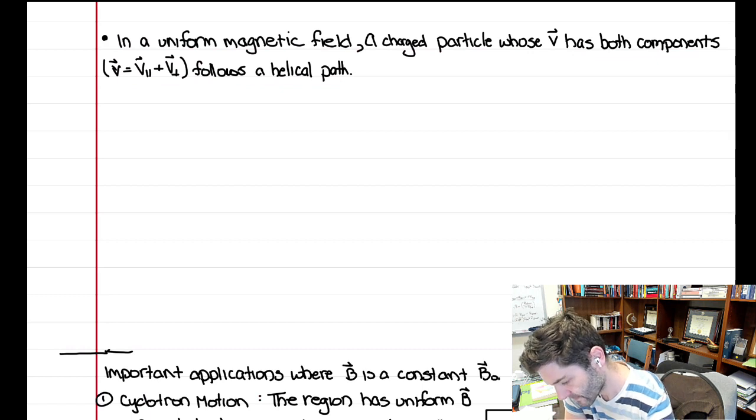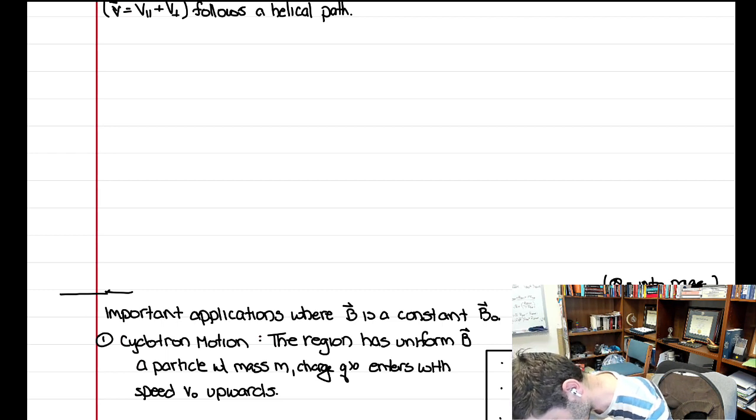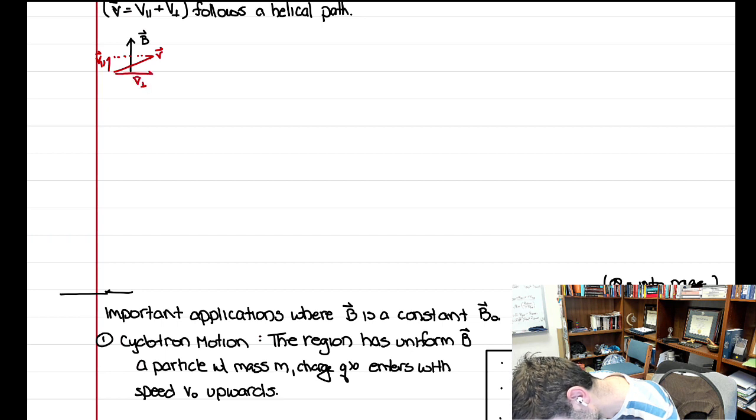So, here's the idea. Let me redraw our main result from before, and maybe I'll make it so that everything's in the 2D plane. So if this is the magnetic field, and I have some velocity vector v, then there is a component v parallel, and there is a component v perpendicular.